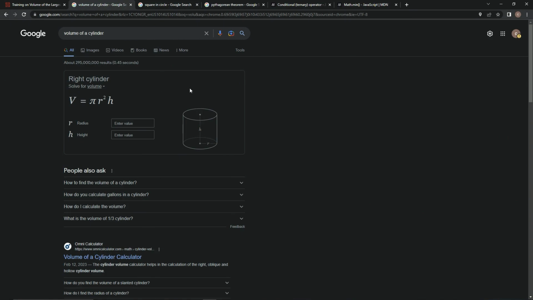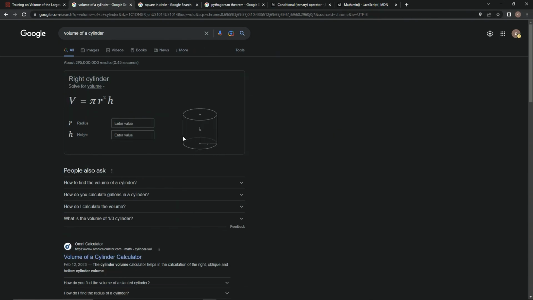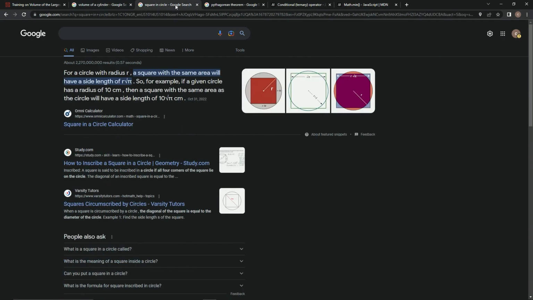So let's come over here to this square and circle thing. Let's imagine it's the base of the cylinder, and we can just use this to figure out what the dimensions of the sides are. So we can see right here, here's the radius, and here's the side of the cube, and here's the other side of the cube.